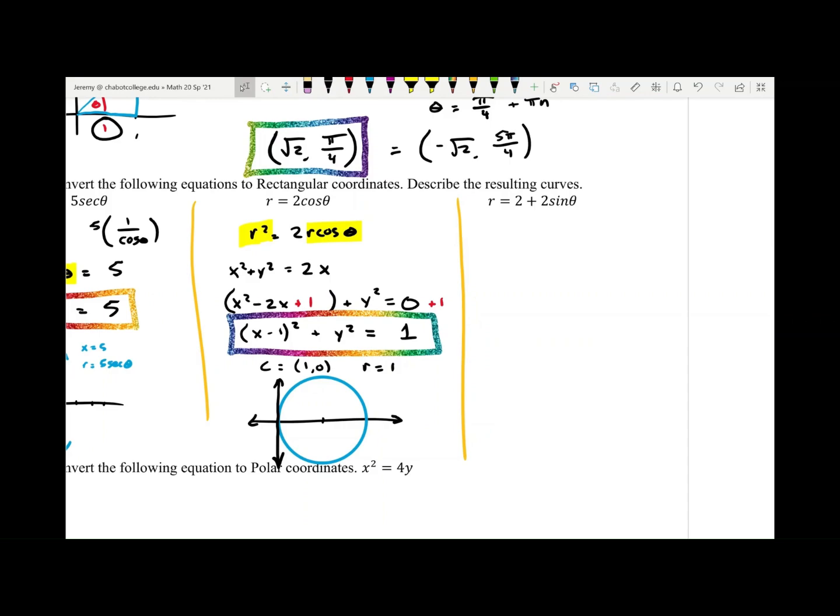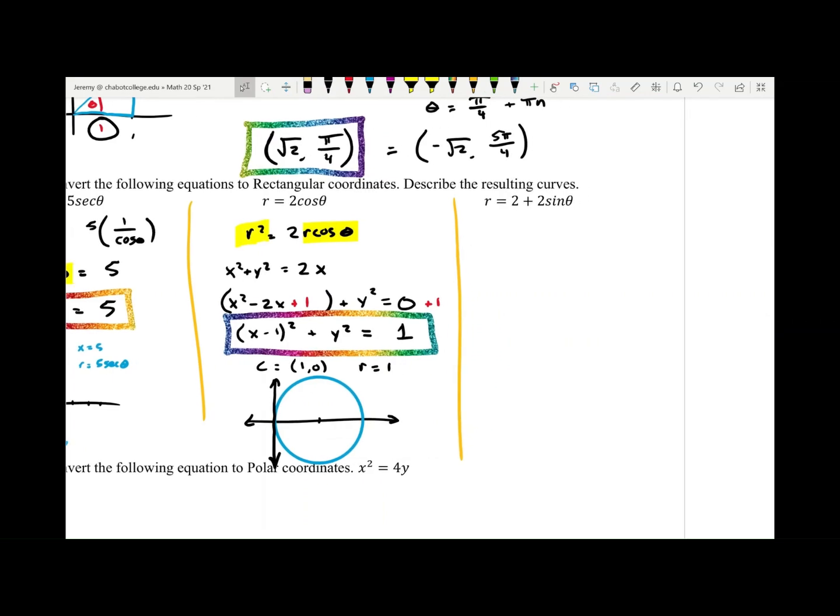Okay, one more problem here. Some curves are going to yield rectangular equations that are so nasty and just bad looking and hard to work with that we don't even deal with them until we have polar coordinates. Okay, and this is an example of that.